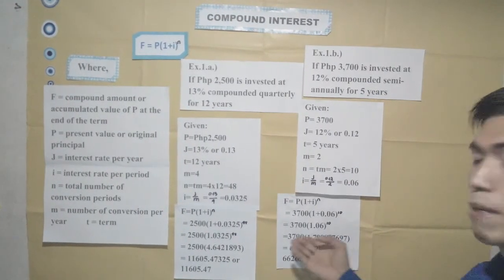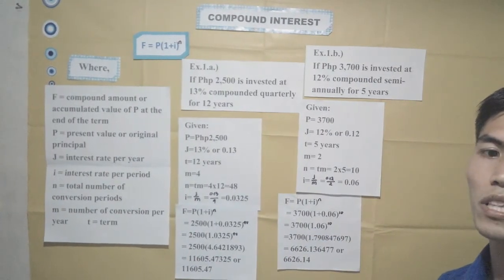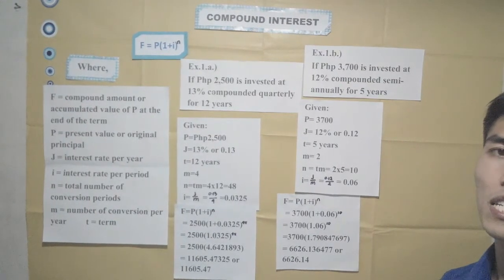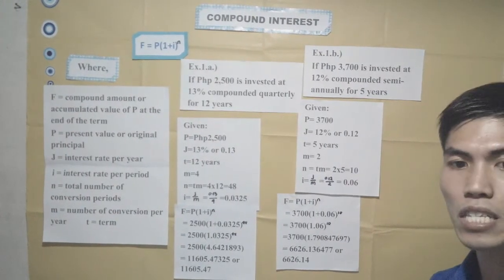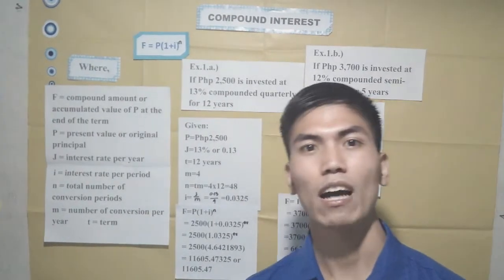Then multiply it by 3,700, which is equal to 6,626.136477, or 6,626.14. That's all for this afternoon.